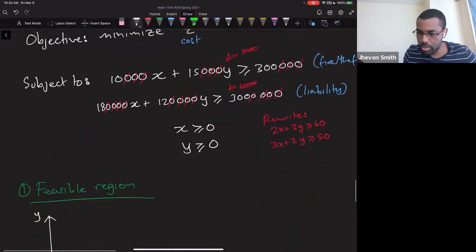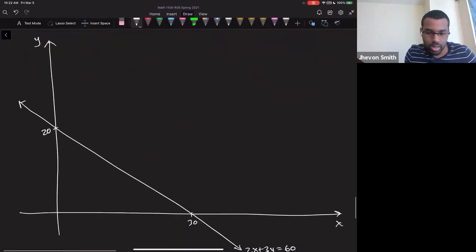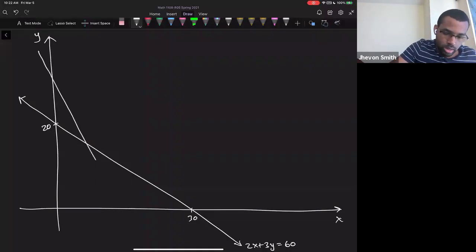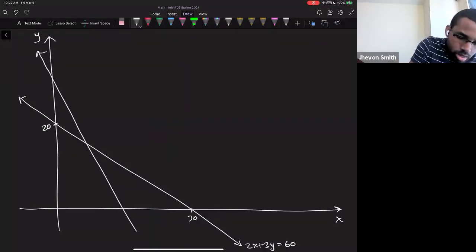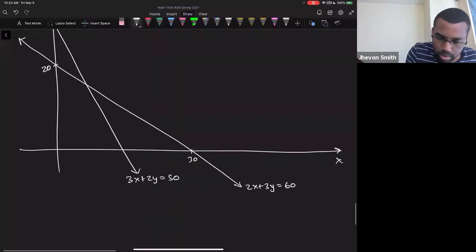And 3x plus 2y equals 50: so my y is going to be 25 and my x is going to be 50 over 3. And 50 over 3 is roughly 16.66.